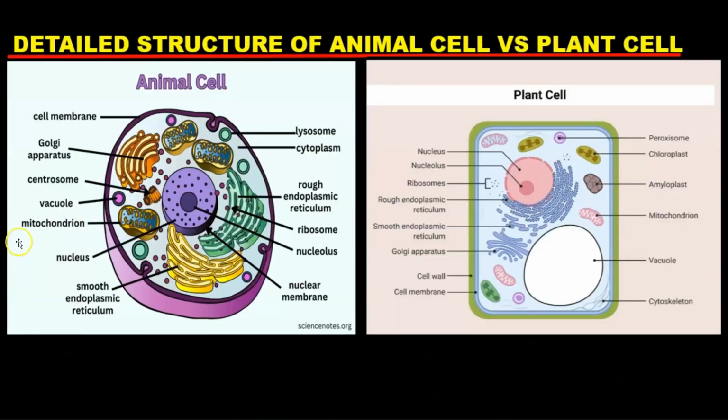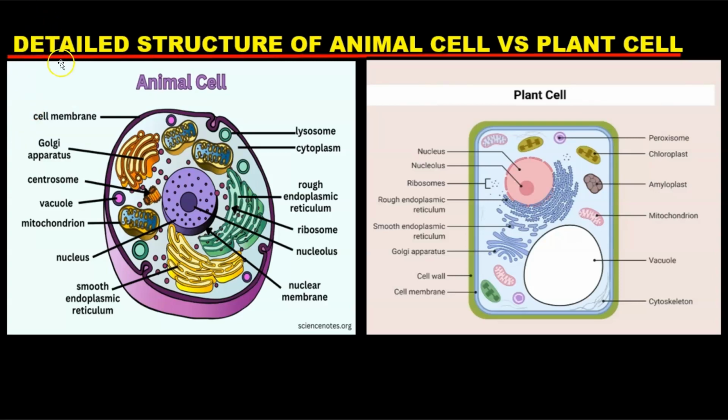So having looked at the simple structure of both plant and animal cell, the similarities between them, and also the differences between them, let us now look at the detailed structure of a plant and animal cell.